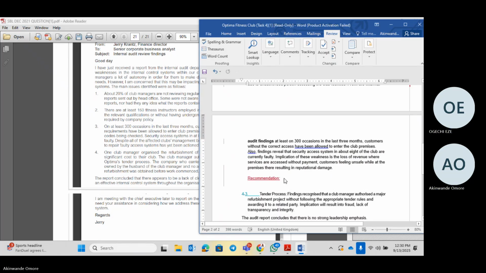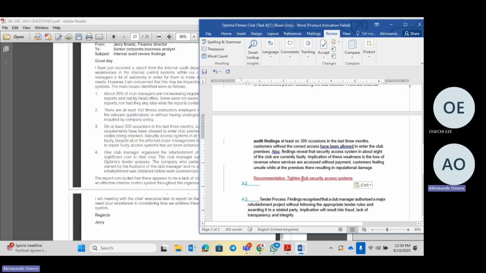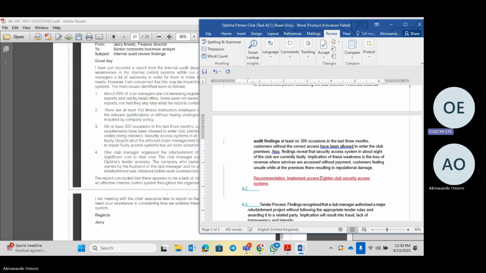Implement access control. And what? Tighten club security for improved access system.